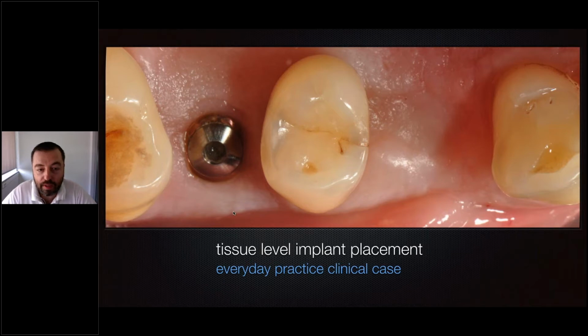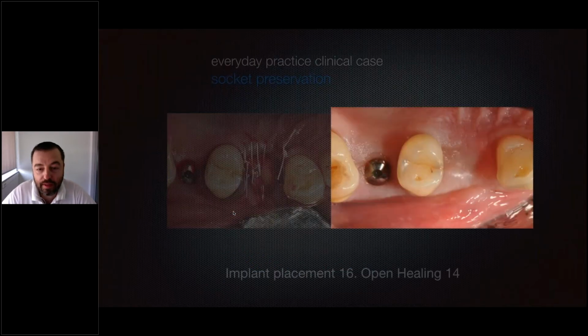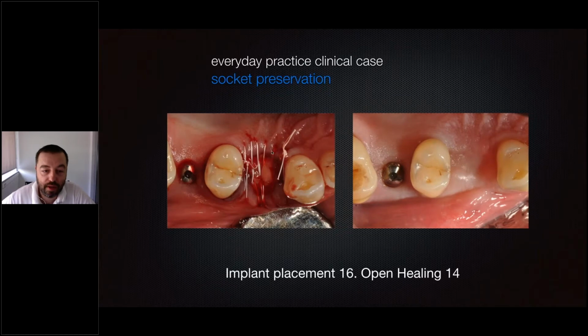Now we are going to start with a case. I'm going to show a little bit. This is how the open healing looks. So basically for socket preservation, there is no need to close the free gingival margins. And here is our everyday flapless approach in tissue level implant.